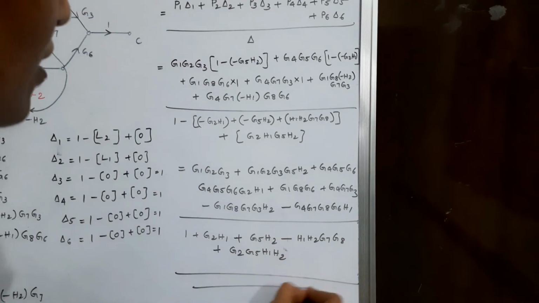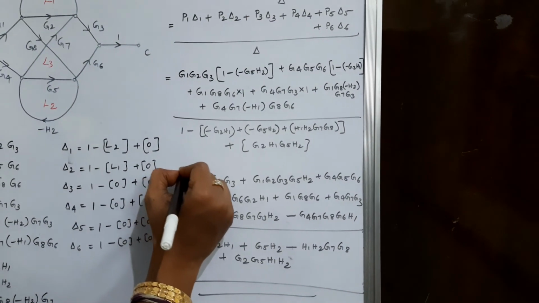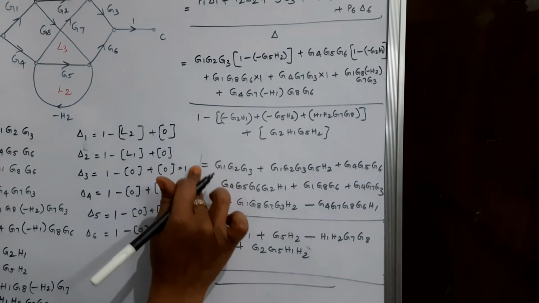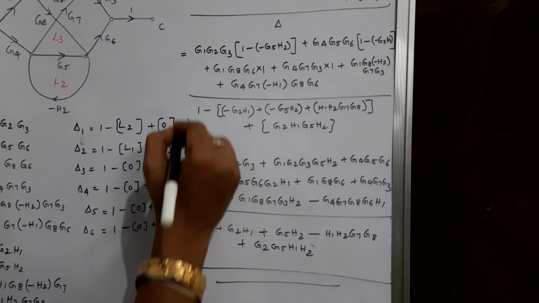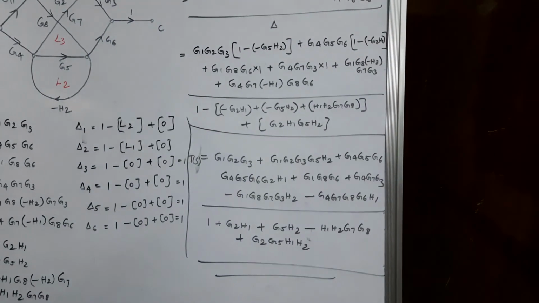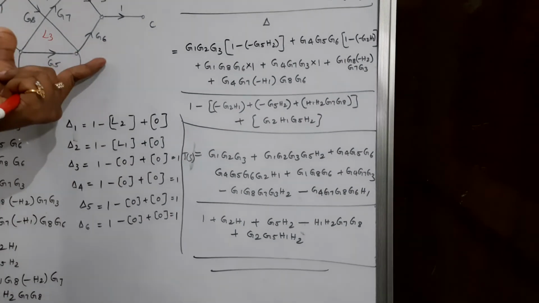This is the final transfer function, which is T of S, found using Mason's gain formula for this particular problem.